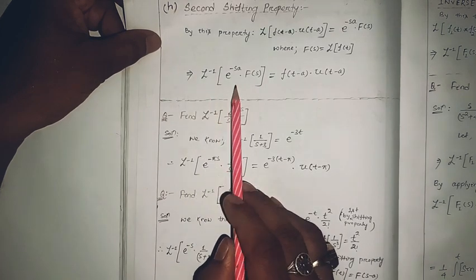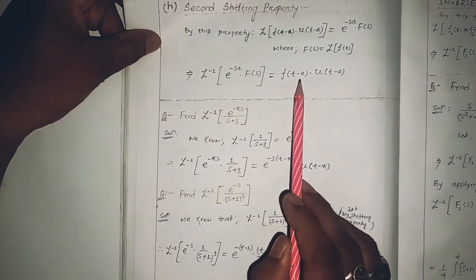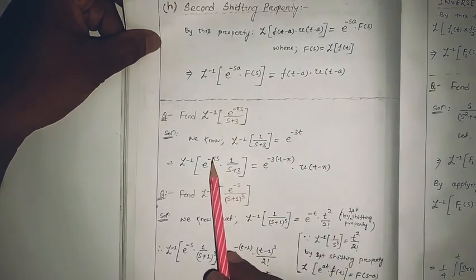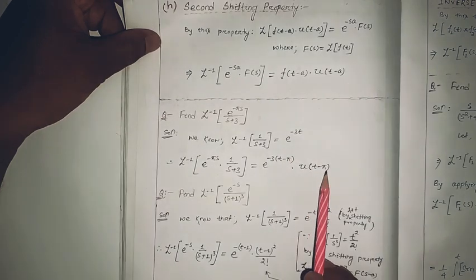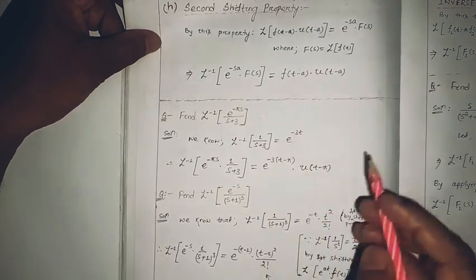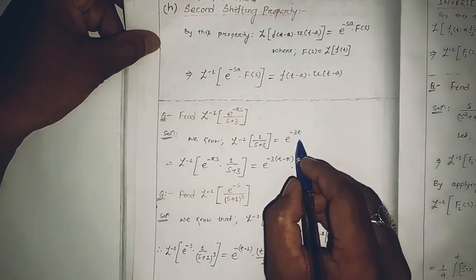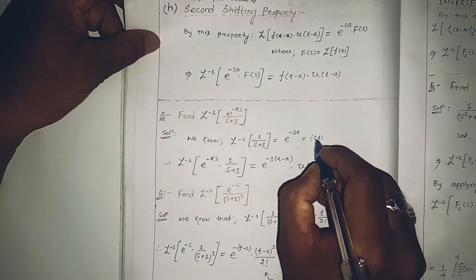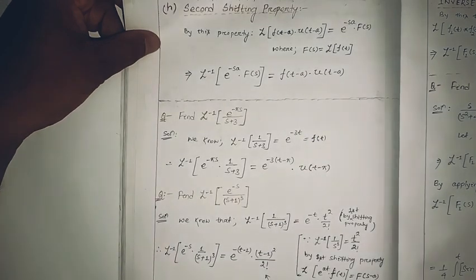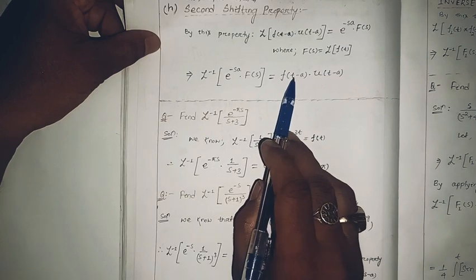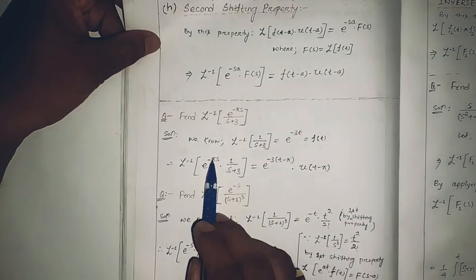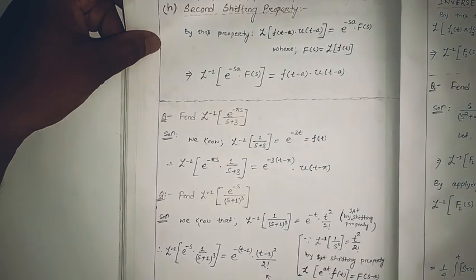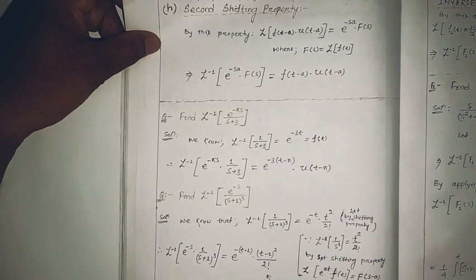So the inverse Laplace transform is f of t minus a, u of t minus a. Here a is pi, so u of t minus pi will be there. By applying the second shifting theorem, f of t minus a with a equal to pi will be e to the power minus 3 into t minus pi. So this will be the answer.